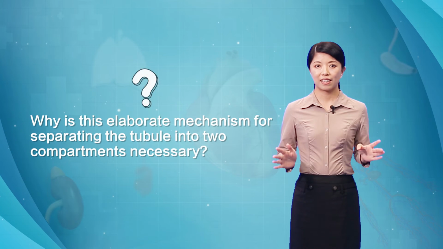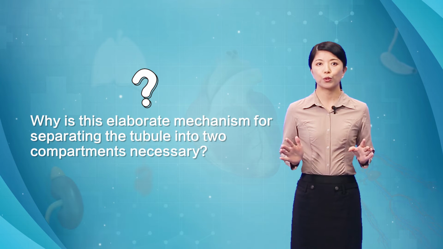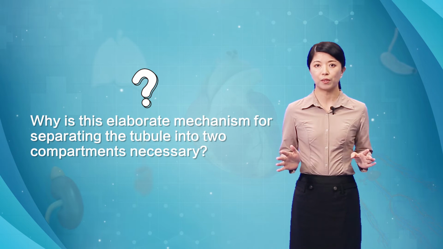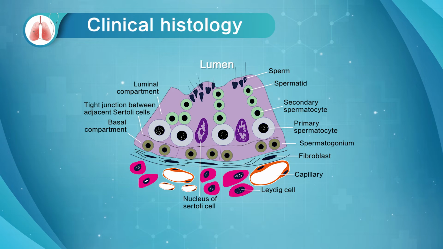Why is this elaborate mechanism for separating the tubule into two compartments necessary? The basal compartment has access to the bloodstream and all the immune components it carries. The spermatogonium and the Sertoli cell have been there from the embryonic stage, so the immune cells are familiar with them.